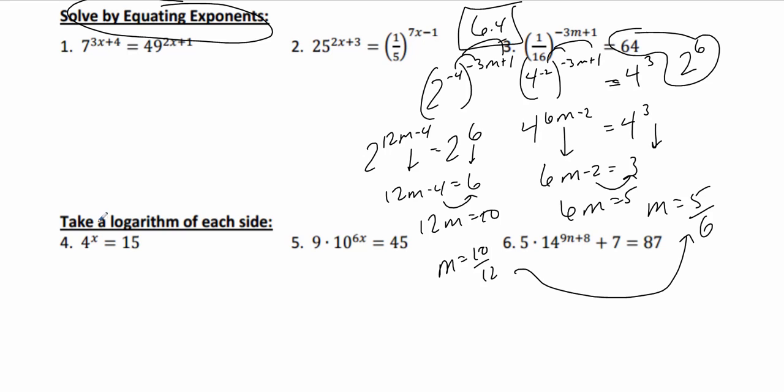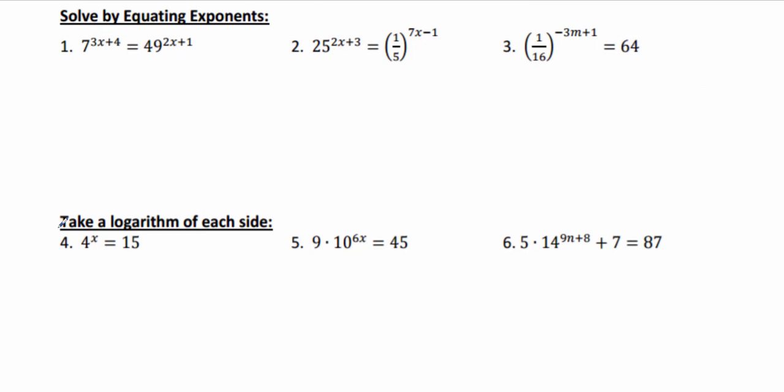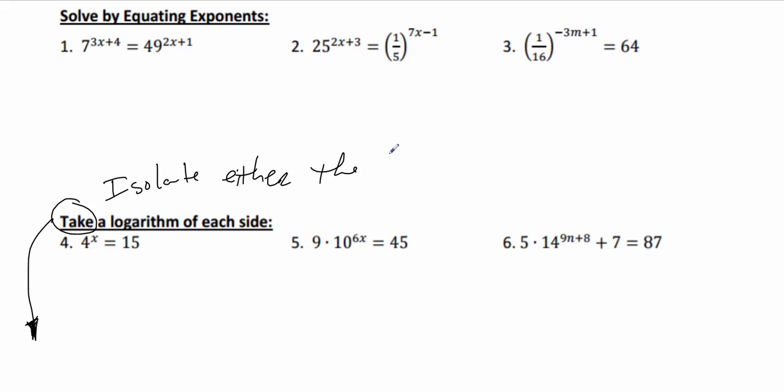Let's go on to the next section, logarithms of each side. Number 4, I want to find the answer. So the first thing I have to do here and in the next section as well, I'm just getting so excited right now talking about logarithms, is isolate either the logs or the base with an exponent.